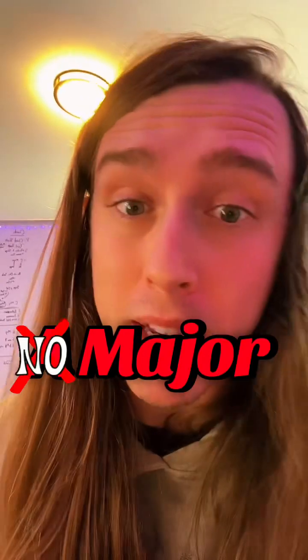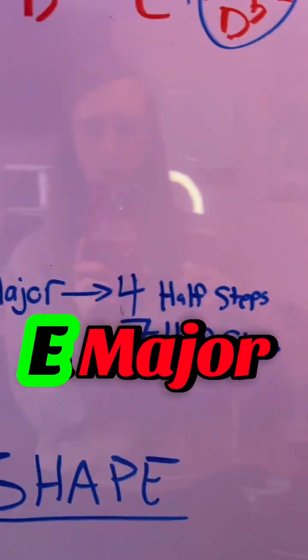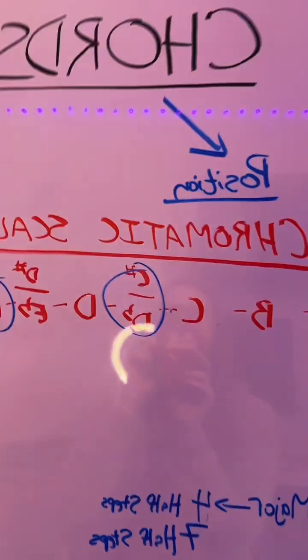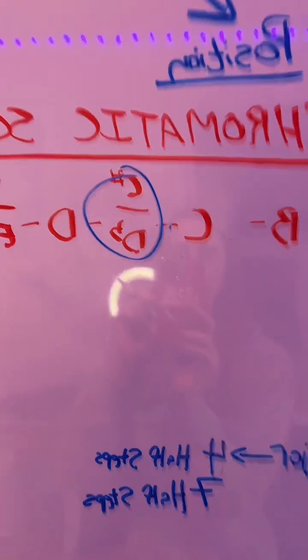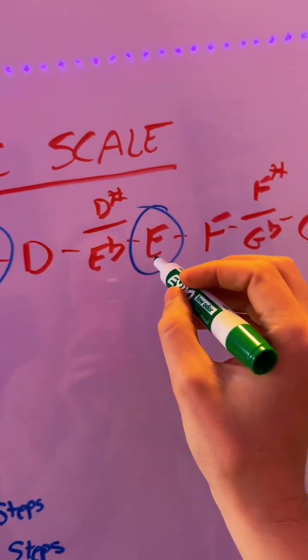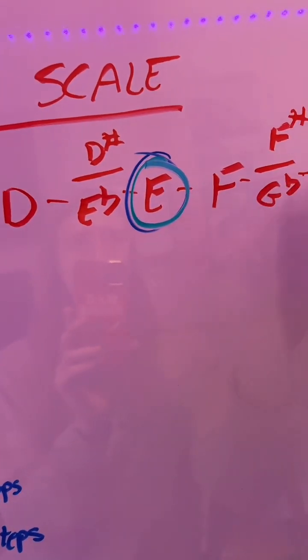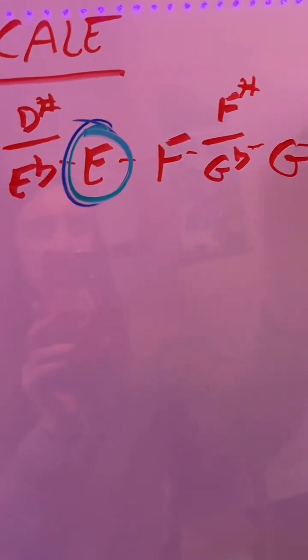Now let's say I don't want to play A major, but I want to play E major. Check this out. The shape remains the same because it's major. We just change the position. E major. Here we go. Now we're starting on E. 1, 2, 3, 4 to G sharp.